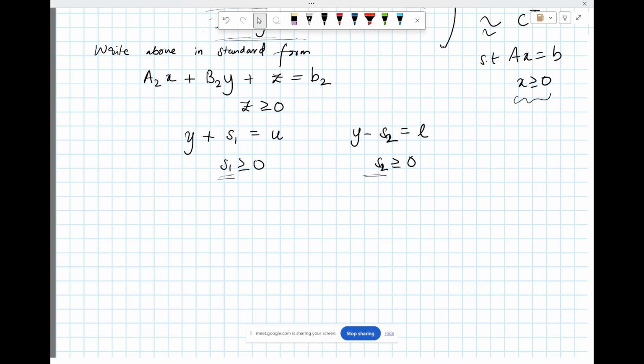We need to create some new variables which can be positive, and some linear combination should be equal to x. If u minus v equals 1, something like that.